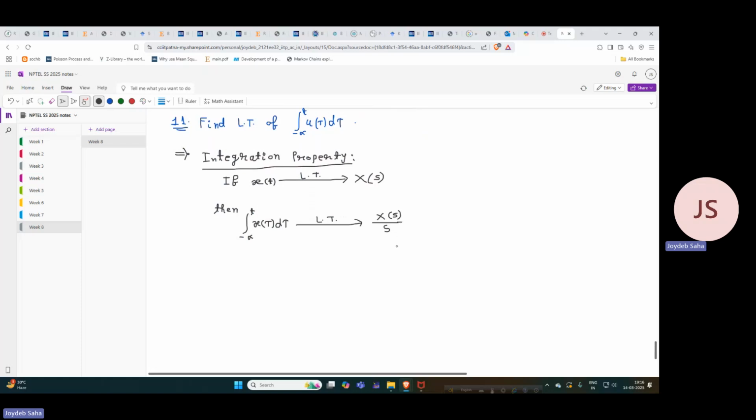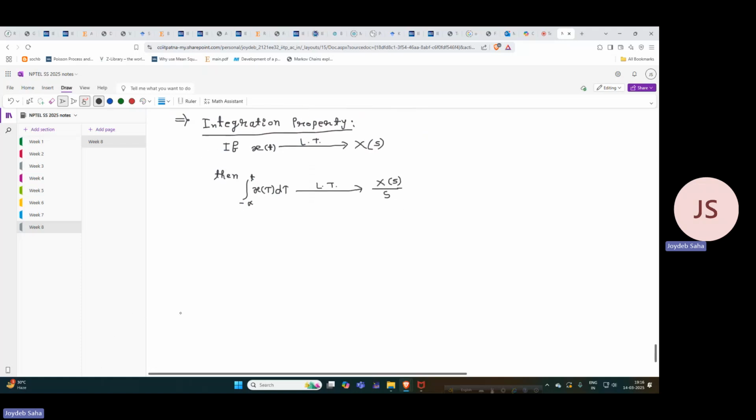Okay. So now we know u(t), its Laplace transform is 1 upon s.